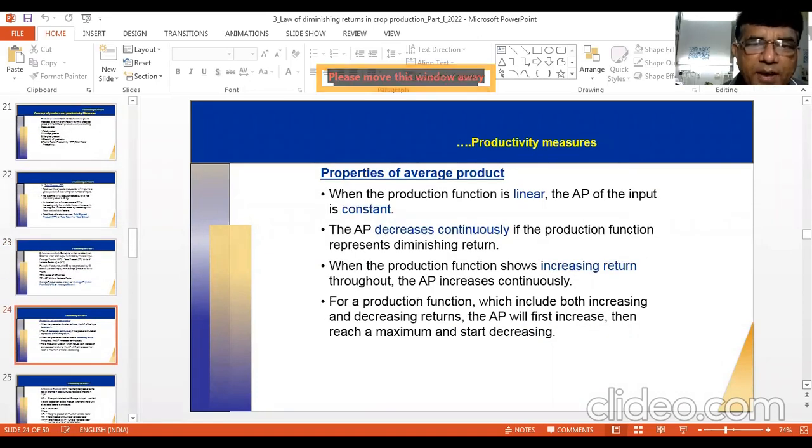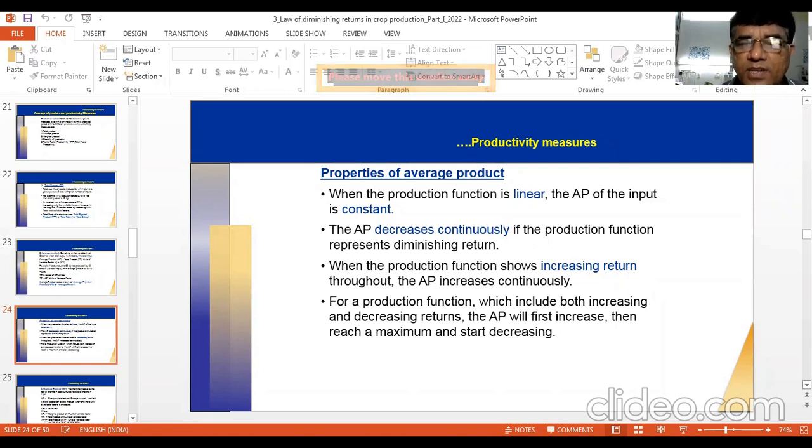Now, properties of average product. What are the characteristics of average product? When the production function is linear, I will teach you that sometimes, the AP of the input is constant. It is the same change, meaning marginal product is the same. By using every additional unit, you get the same increase in output. That is your linear relationship. The average product decreases continuously if the production function represents diminishing return.